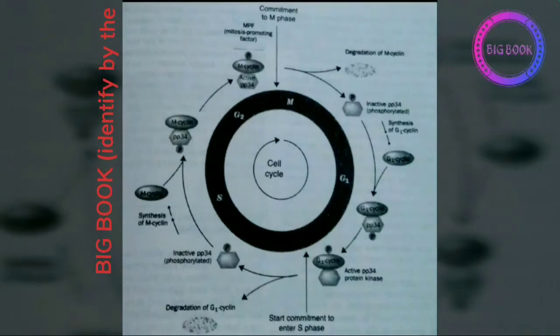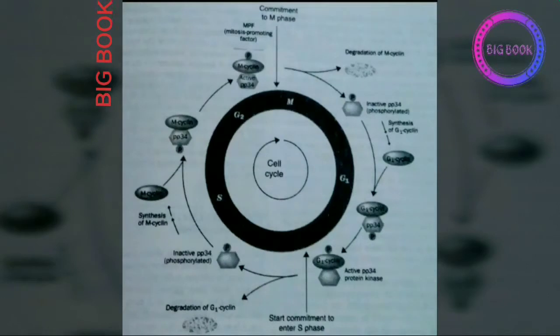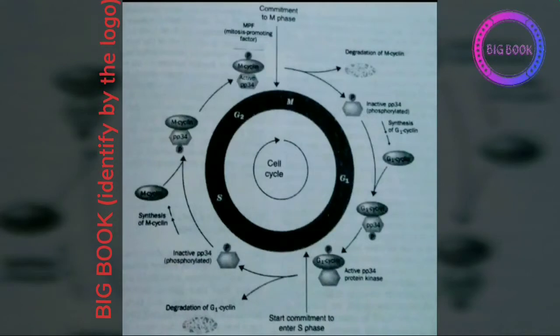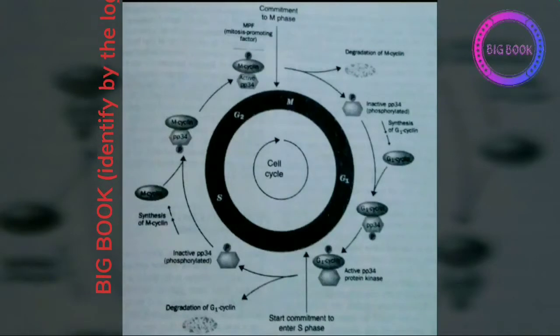It is going to form a complex factor and give the commitment to the M phase. During this commitment, the M phase is initiated, and it will take part in the condensation of the chromosomes and also the separation of the chromosomes in the equational manner.